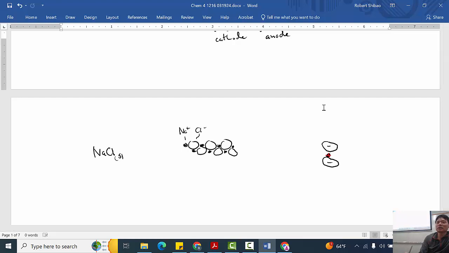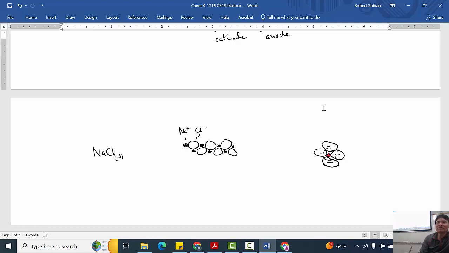It would be attracted. And then if another negative came along, what would happen here? Again, it would be attracted. And in fact, each positive wants to surround itself with as many negatives as possible, because that is favorable.